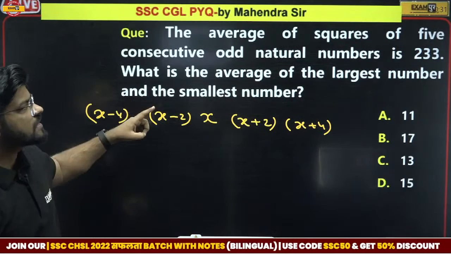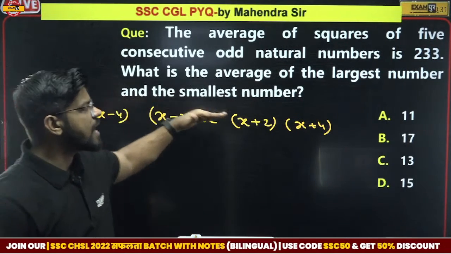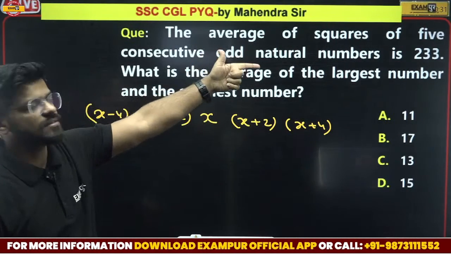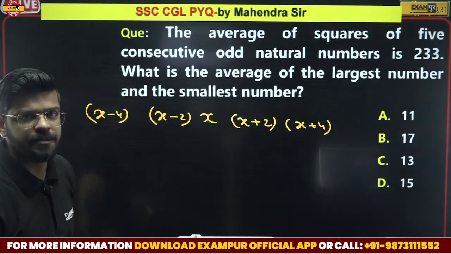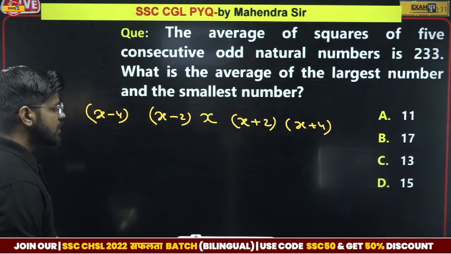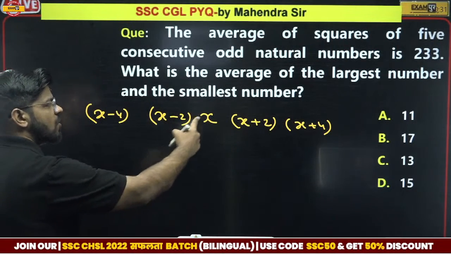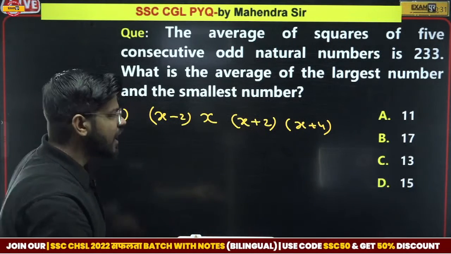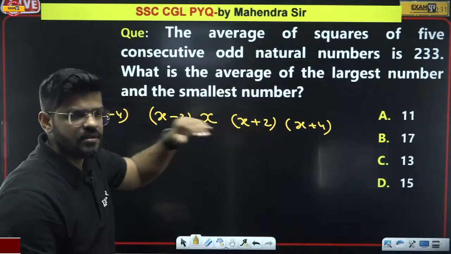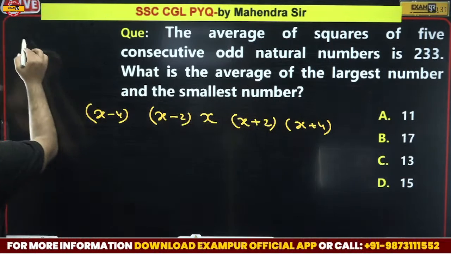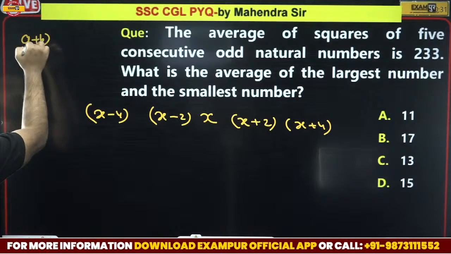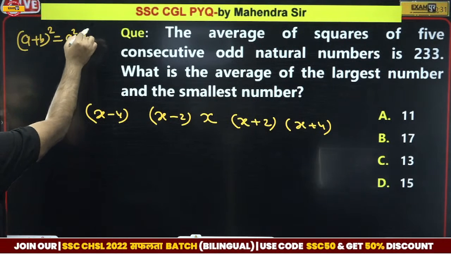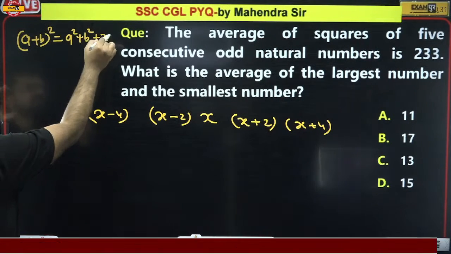But the question is saying that the average of the squares of these numbers is 233. Now if we square all these numbers and get the average, for averaging we have to get the sum of all these. You should know that a plus b whole square is a square plus b square plus 2ab.